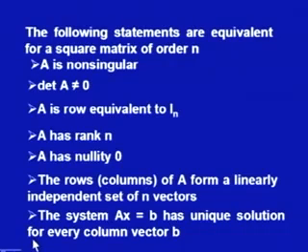Now, with this we have arrived at the end of this lecture, and in this lecture I have discussed different situations for solving systems of equations. We may have a homogeneous system of equations or we may have a non-homogeneous system of equations.